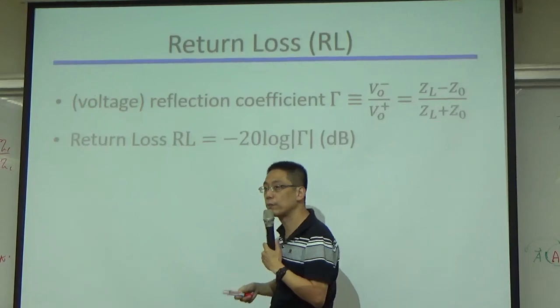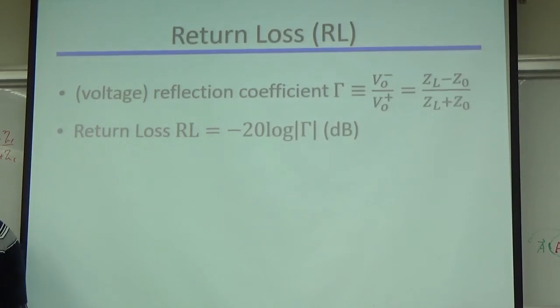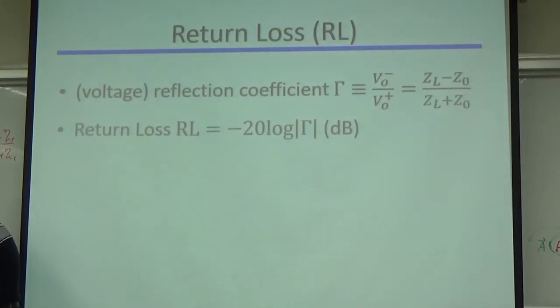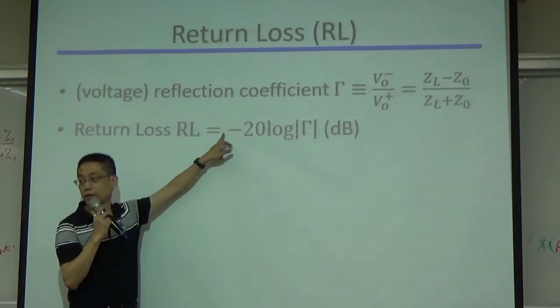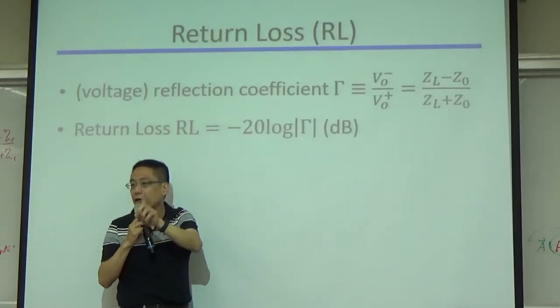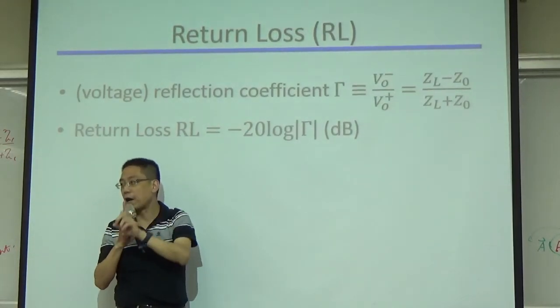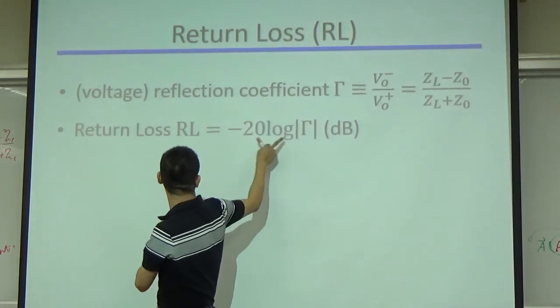If you want to say reflection coefficient or return loss, they usually have different signs. This is positive, because you put a minus sign here on a negative term, so negative becomes positive, because we already know it is a loss.